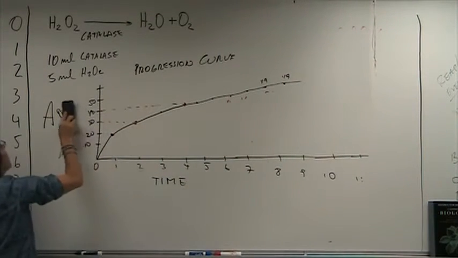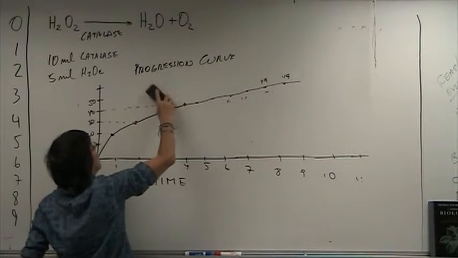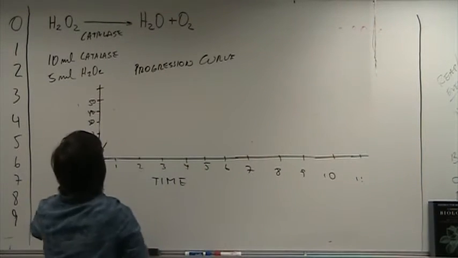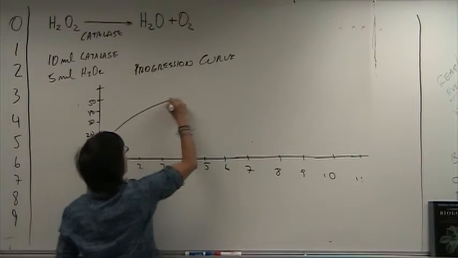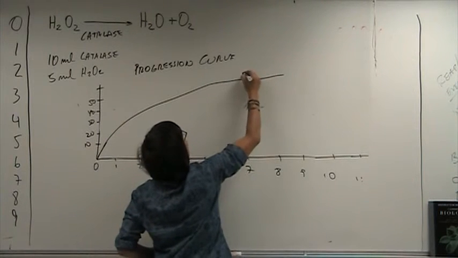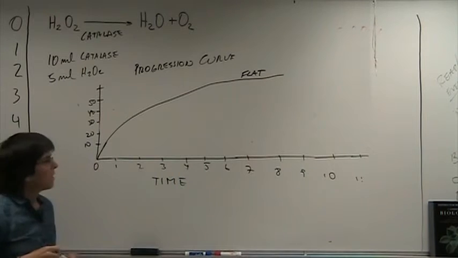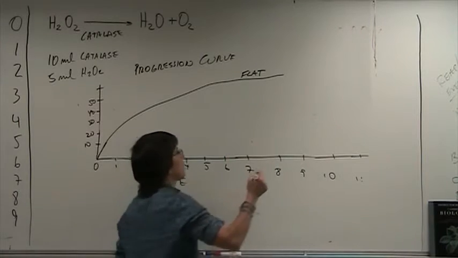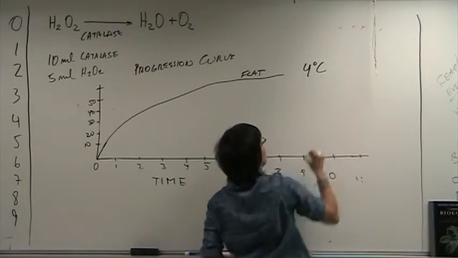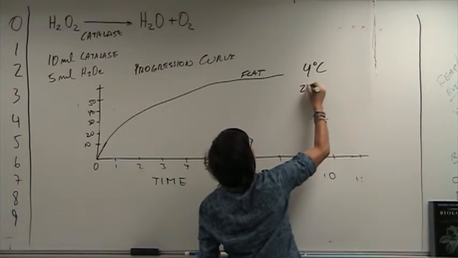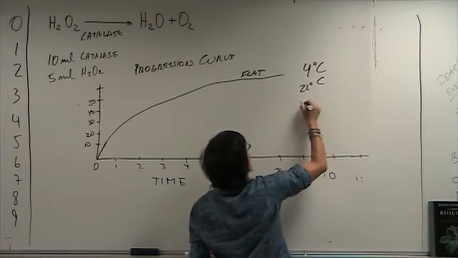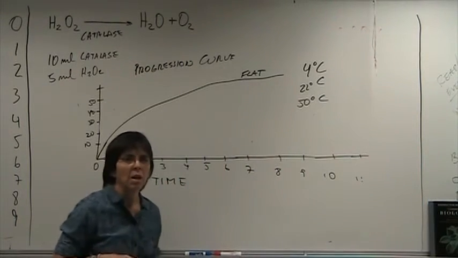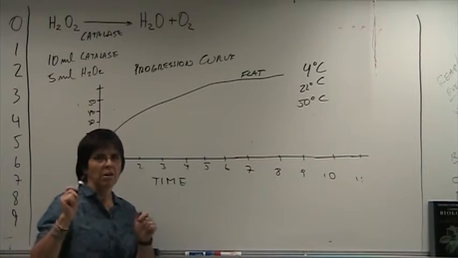Part B of the lab focuses on the effect of temperature on the reaction, and we use 3 temperatures: 4 degrees Celsius, that is cold, 22 degrees Celsius, that is the room temperature, and then catalase that had been in a water bath at 50 degrees Celsius. 50 Celsius is a very, very hot shower.